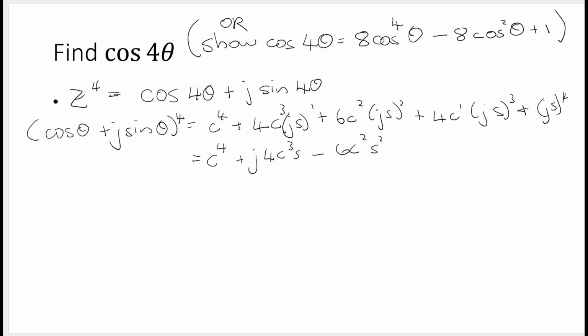Okay, j cubed is negative j, so it's minus j times 4c s cubed, and then j to the 4 is 1, so it's plus s to the power of 4.